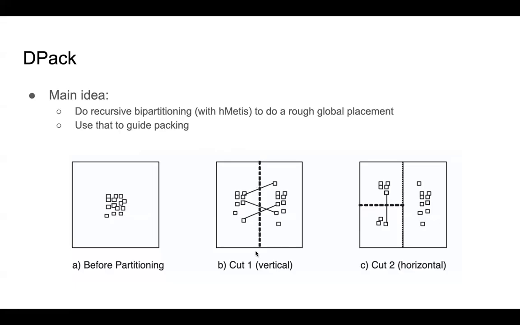And now that we do one cut, all of these ones on the left are at the exact center of this partition. So let me draw here. Everything would be here, and then everything would be here. Then all of them would be here, and all of them would be here. So you keep doing that, and you essentially get a grid.